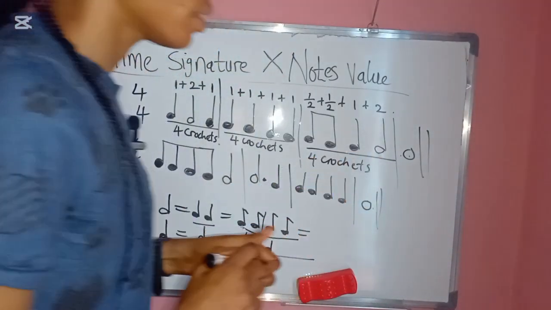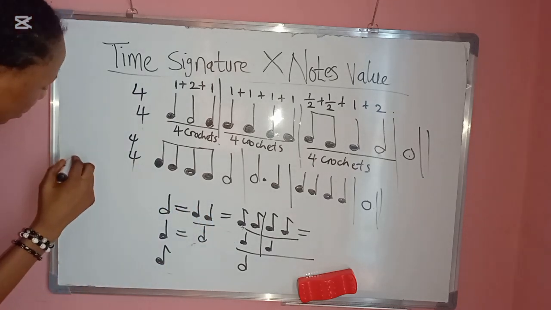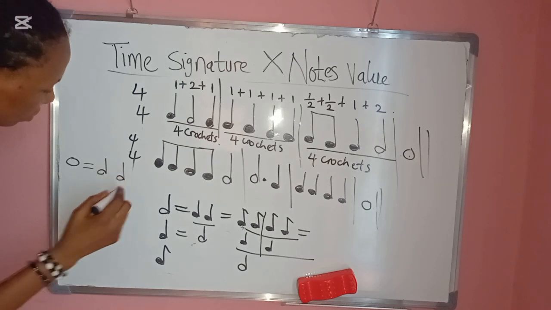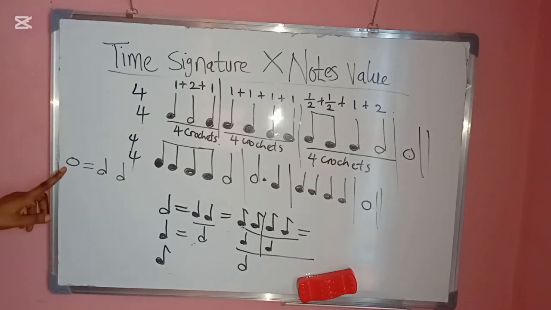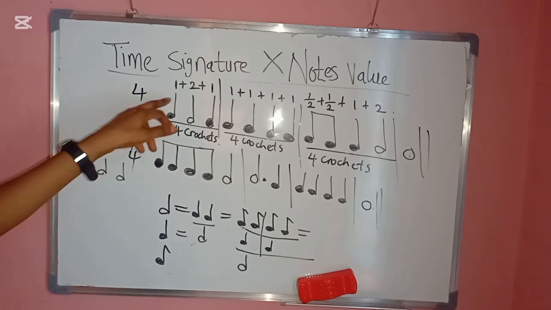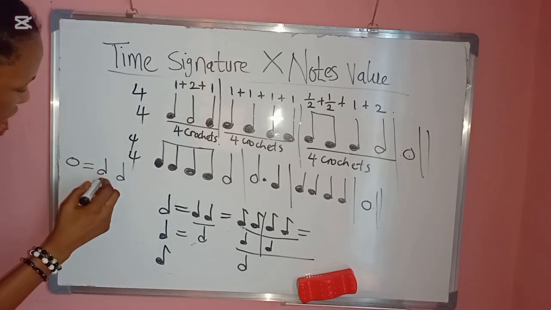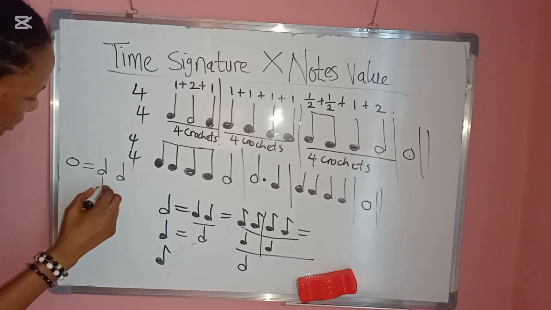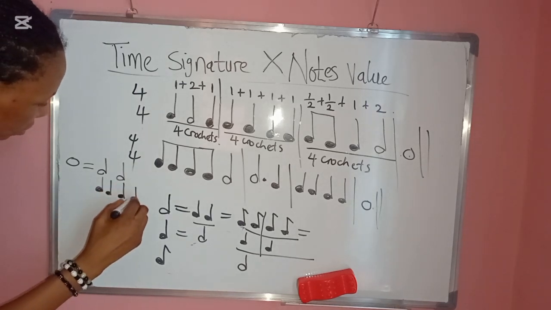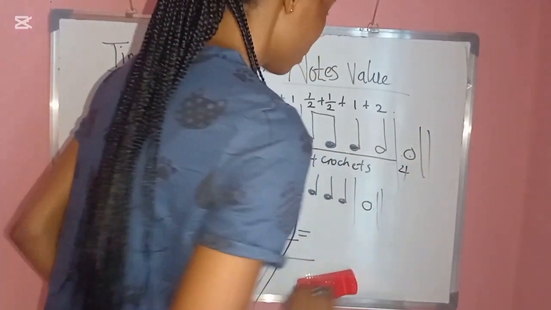And here, semibreve. If 1 semibreve is equal to 2 minims, what's the value of minim in crochets? 2. So that means we have here 2 crochets plus 2 crochets, which is 4.